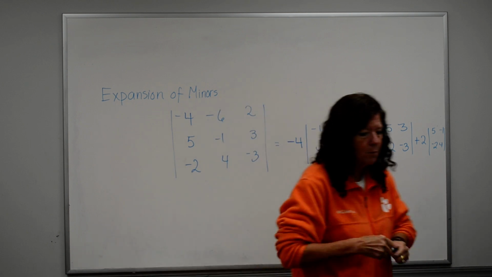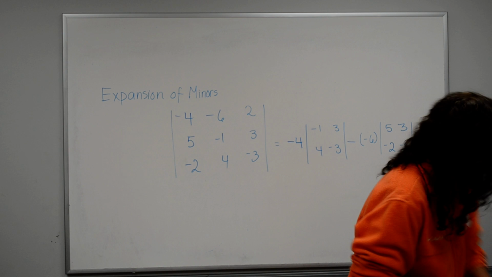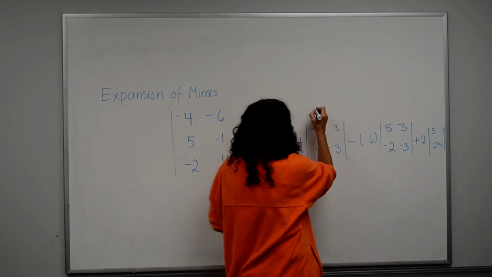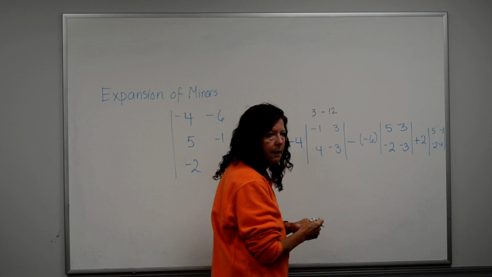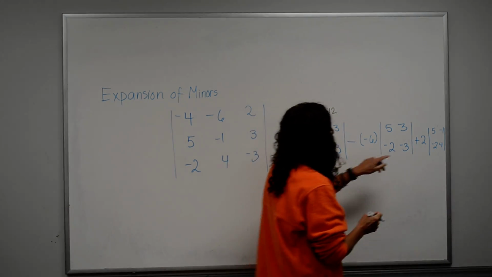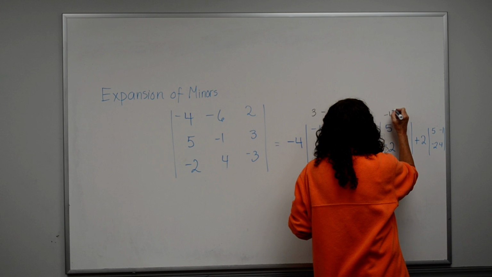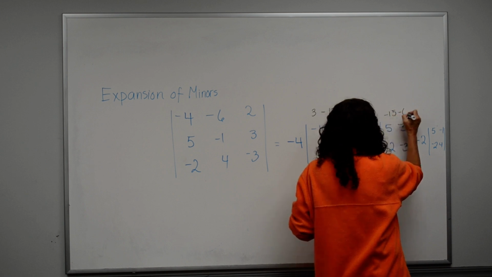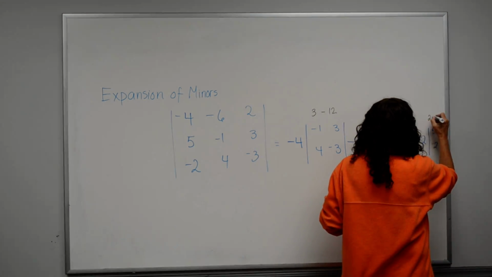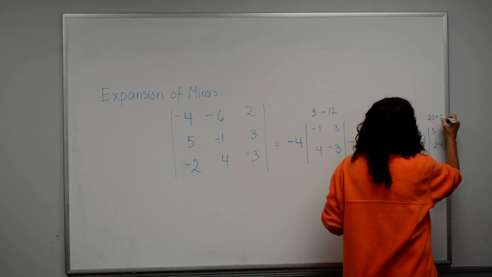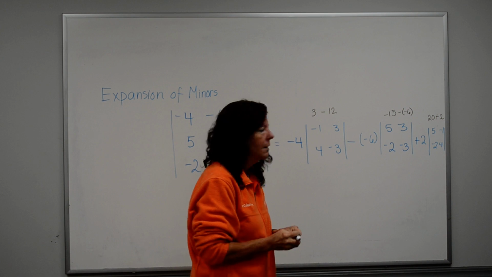Now remember, that's what we were just doing. So I have 3 minus 12, okay? You with me on that one? I have -15 minus a -6, and then I have 20 plus 2, all right?